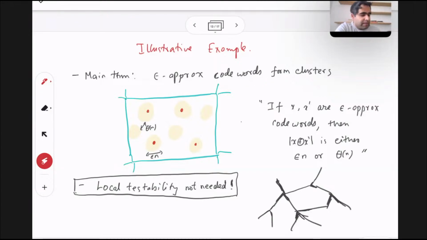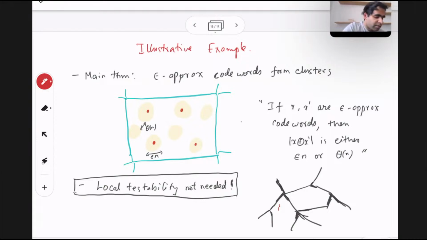And the way it happens is that, well, if two code words are approximate, then their sum is also an approximate code word. So the claim is that any approximate code word has either very high Hamming weight or a very low Hamming weight. And the way this works is as follows: you're allowed to violate an epsilon fraction of checks. So you're allowed to, for example, put a 1 here and put a 0 everywhere else. That's totally fine. But you can only do that to some extent.